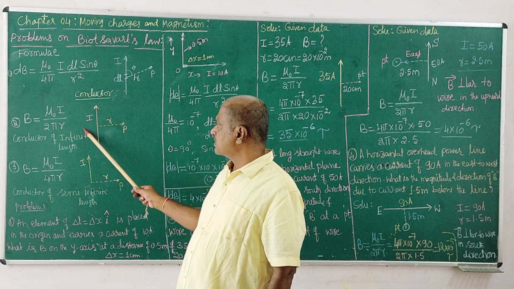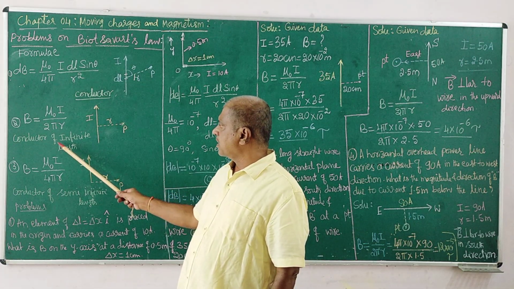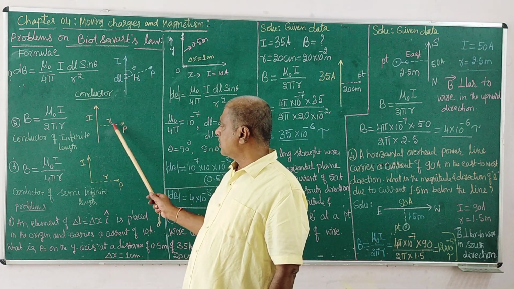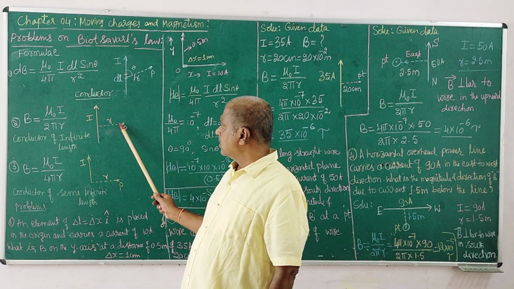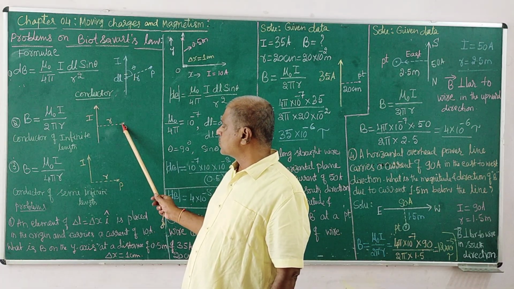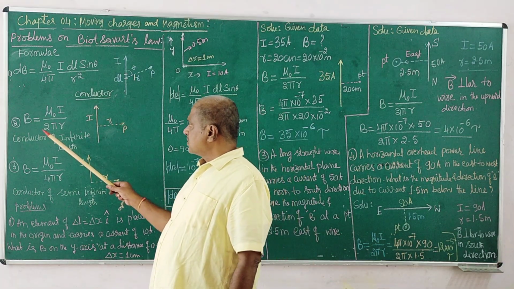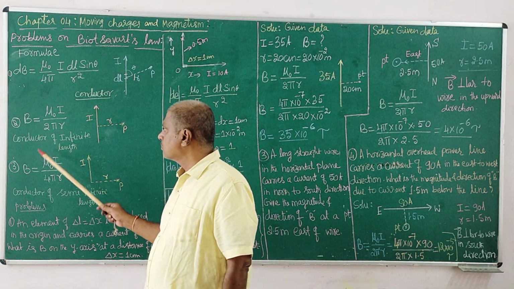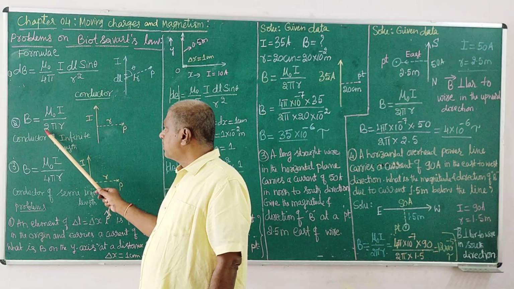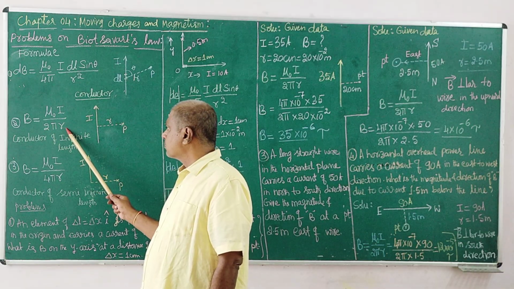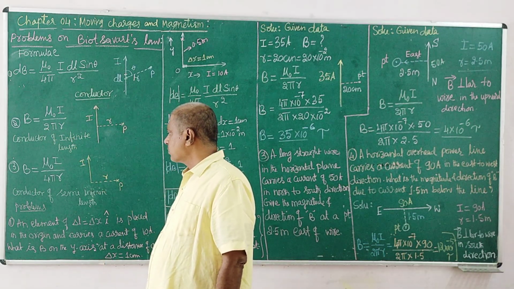This is the pictorial representation of a conductor of infinite length and the point where the magnetic field is induced due to current flow in the conductor. It is given by mu naught I divided by 2 pi r for infinite length.